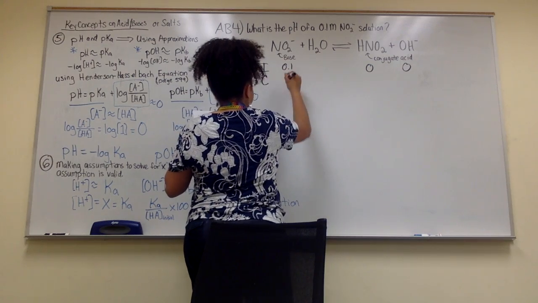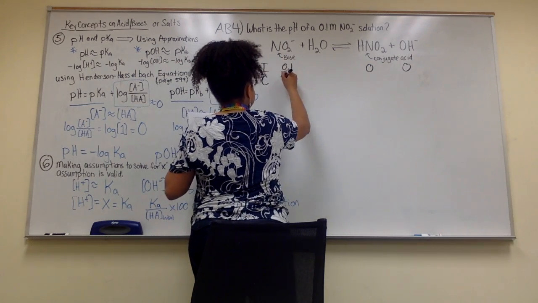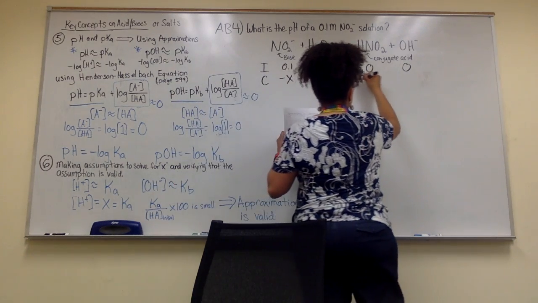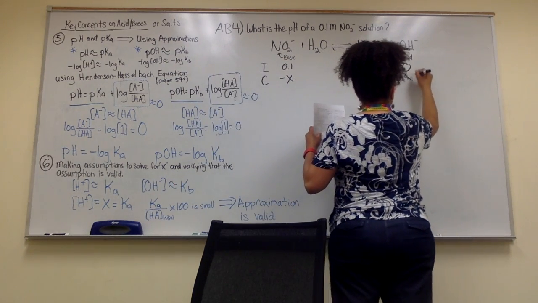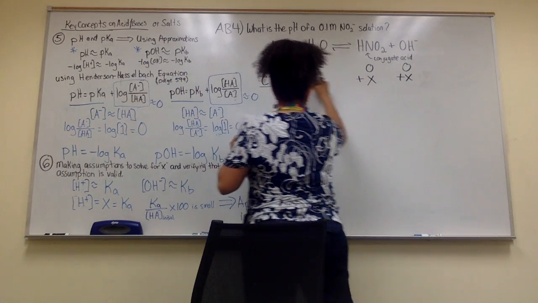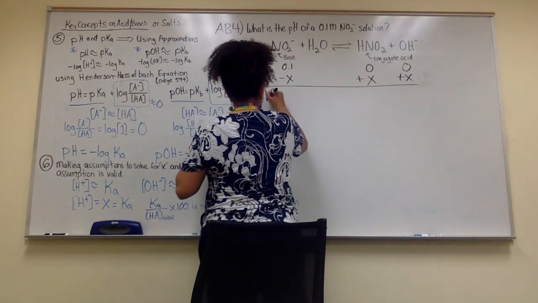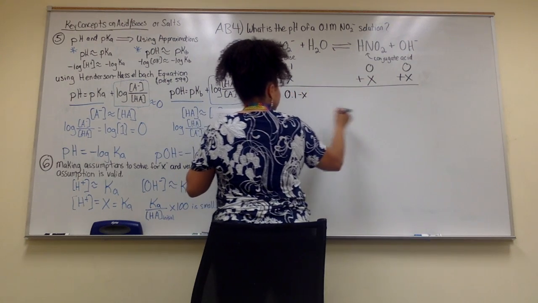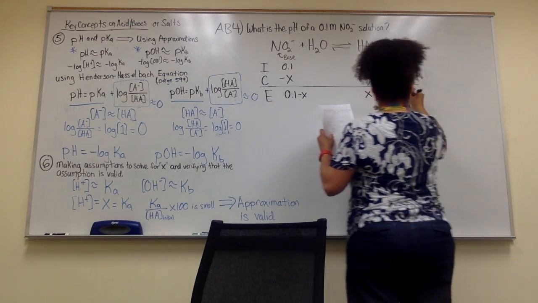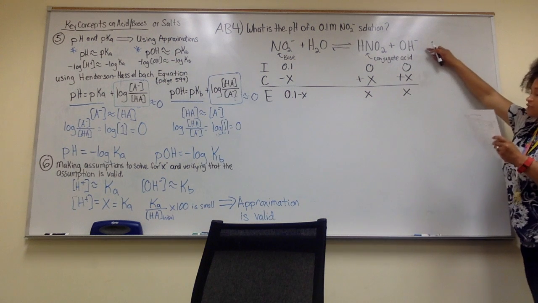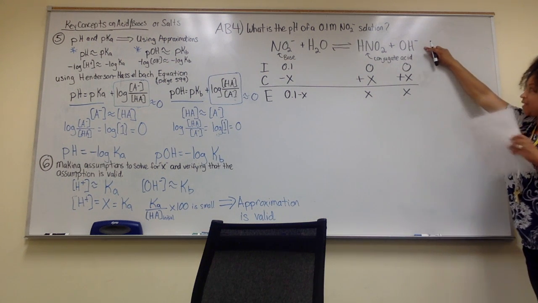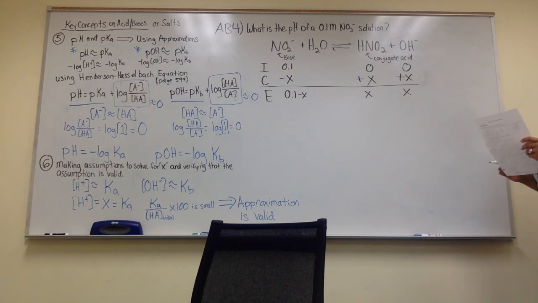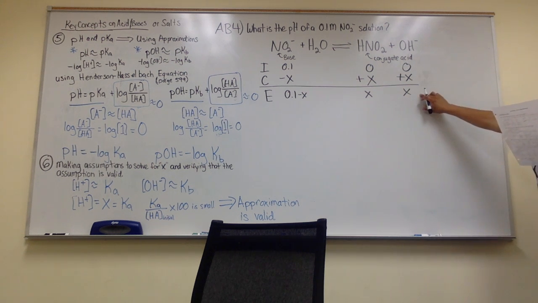The change is, this is a weak base, so it's minus x, so it partially dissociates, which means that this is plus x and this is plus x, to then give us the equilibrium concentrations to be 0.1 minus x, plus x, and x. So the concentration for OH minus is going to be equal to x when we solve for x. Okay, so we have this information.